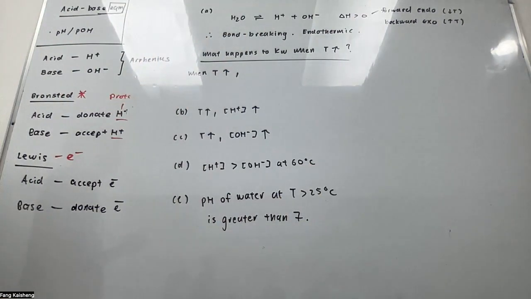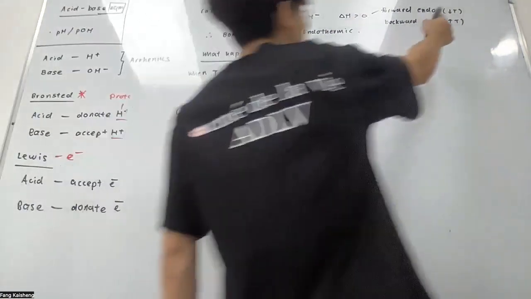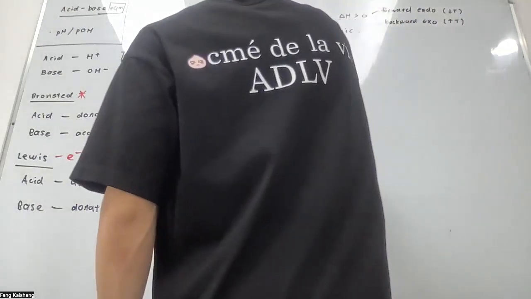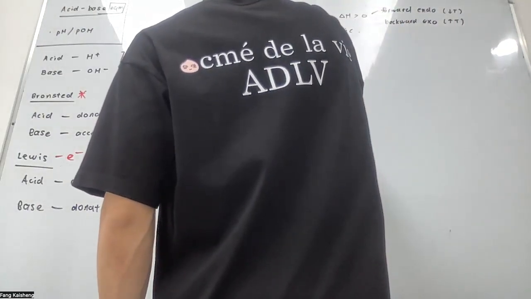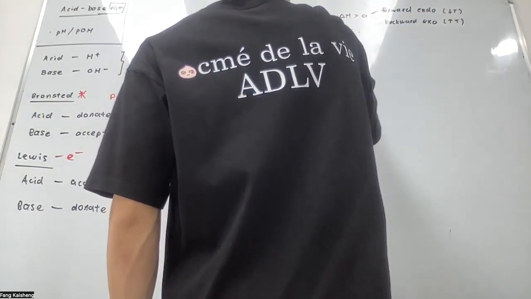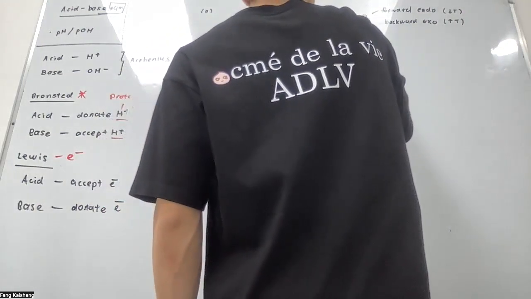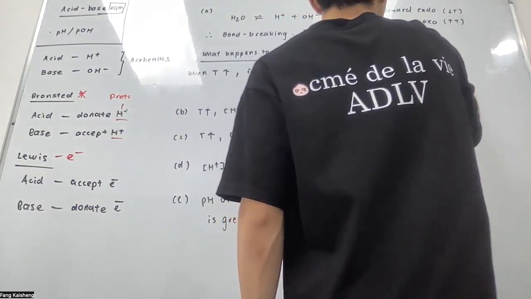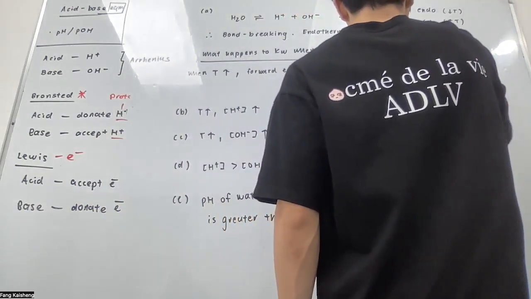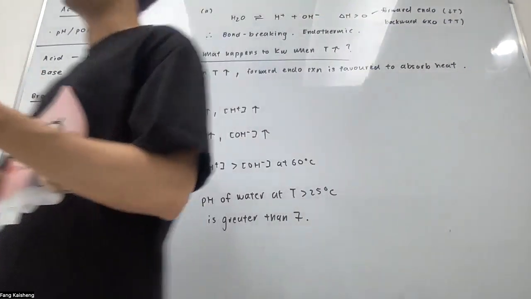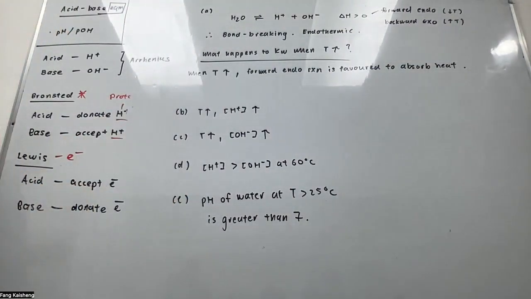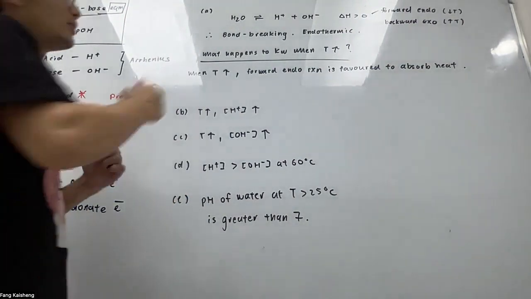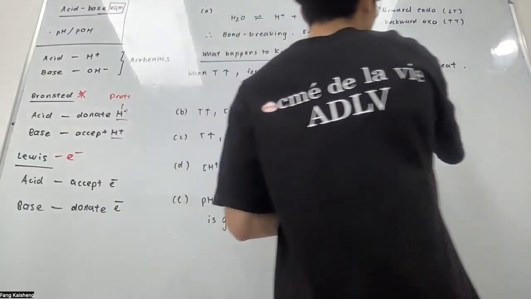It wants to favor the forward endothermic reaction because you will reduce that temperature. So you can tell me this, the forward endothermic reaction is favored to absorb heat. Because guys, you must write to absorb heat, because that's the only way to offset your increase in temperature. Forward reaction favored to absorb heat.